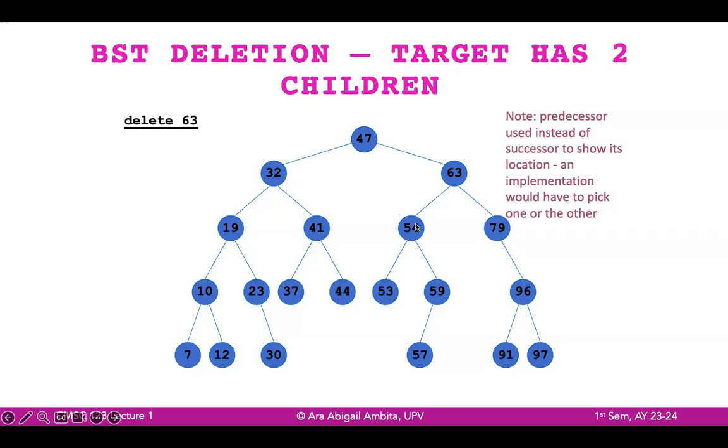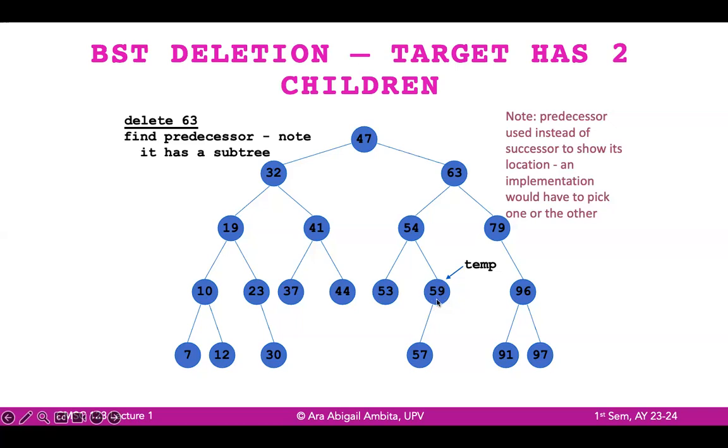So now using the subtree, what is the rightmost node? The rightmost node is 59. So this is the left subtree of 63, and we are going to look at the rightmost node, and it's 59.